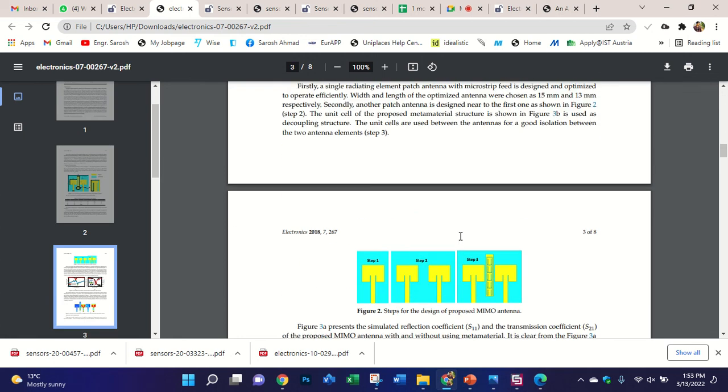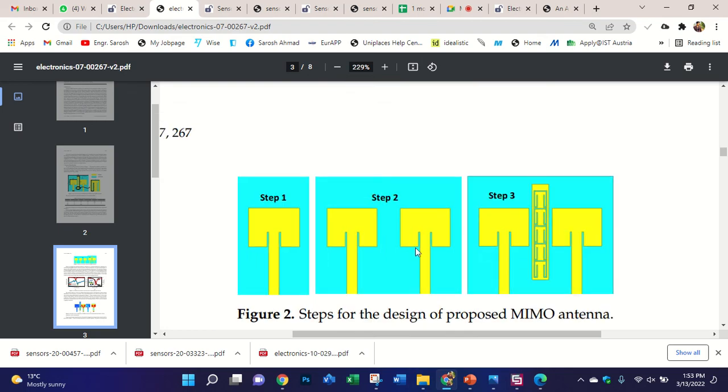Yes, isolation is HIS. Maybe in HIS we use a smaller number of unit cells. With EBG, they mostly use it across the complete surface, the same size as the substrate of the antenna.